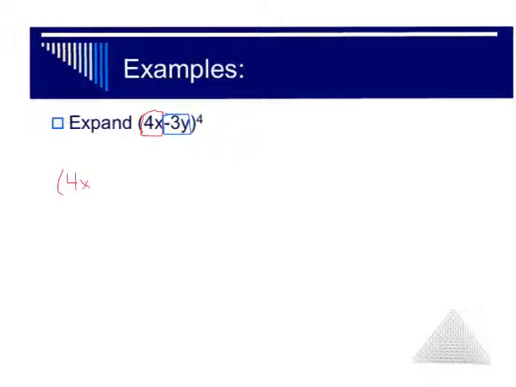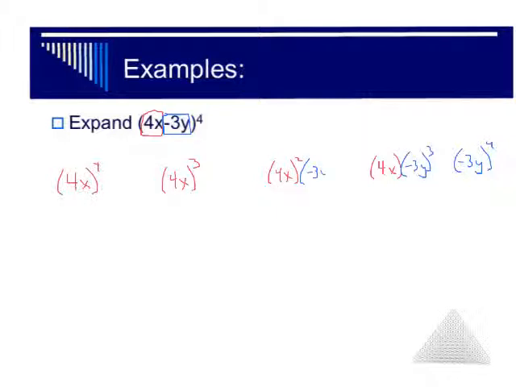So in parentheses 4x to the fourth, then 4x cubed, then 4x squared, then 4x to the first, and then 4x to the 0th, we don't actually have to write. And then I'll do all the minus 3y terms. Minus 3y to the fourth, minus 3y to the third, minus 3y squared, minus 3y.